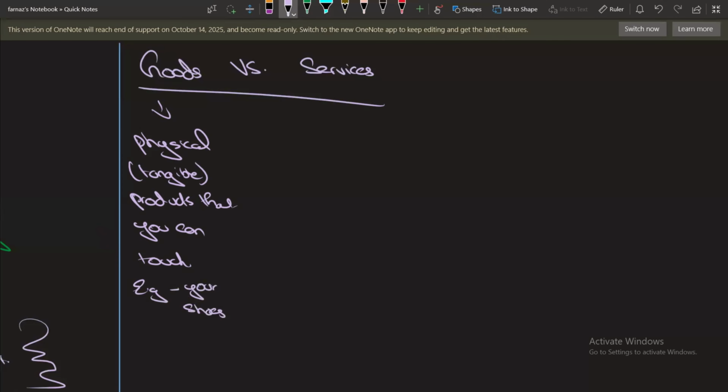Okay, and service is obviously going to be the vice versa. Services are the actions done for you. But this is not what you write in exams. Okay, services are intangible products, I would not say that you should use the word products.